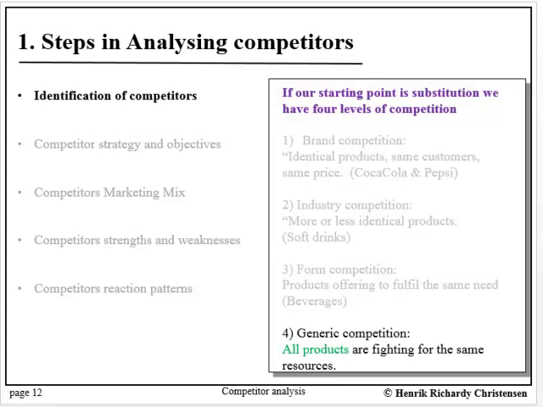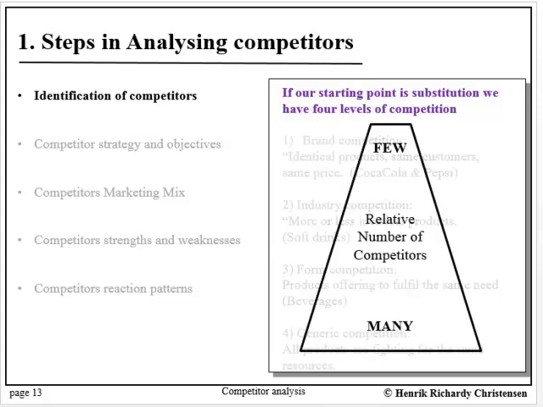These 4 forms of substitution are very important to keep in mind when identifying competitors, because at what level do we want to identify competitors? As you can see, we have few competitors with brand competition, and more and more the further we go down to generic competition.